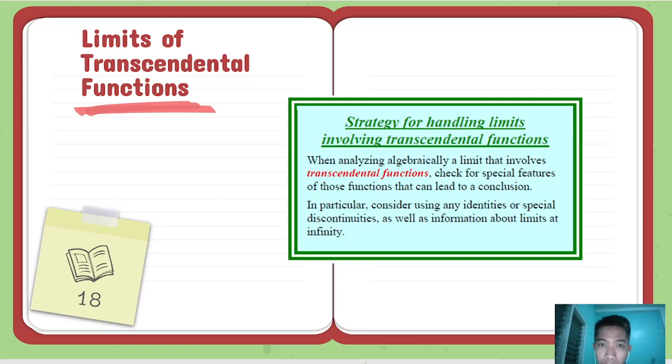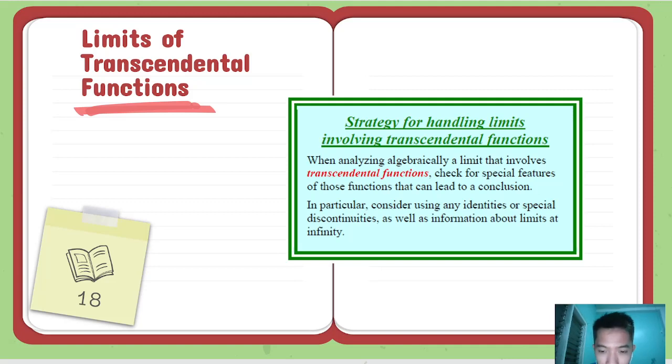For example, for ln, the natural logarithm, what could be the special features that can lead to a conclusion on the limit. In particular, we consider using any identities or special discontinuities, as well as information about limits at infinity.